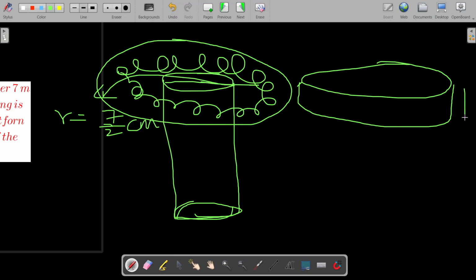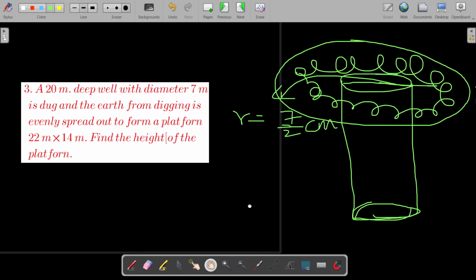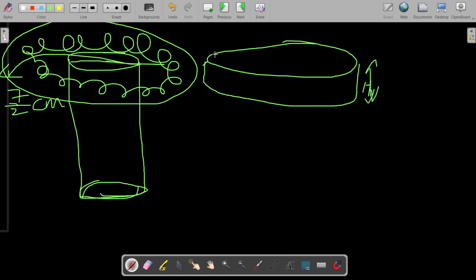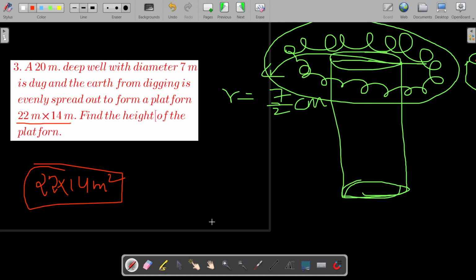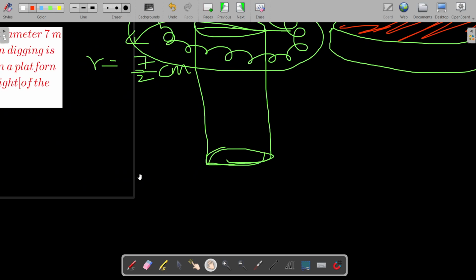Let's say this is the height of the platform, and the area of this platform is given. So the area is 22 times 14 meters. Meter into meter is meter squared. As I said before, meter squared is a unit of area. So we have the area given.